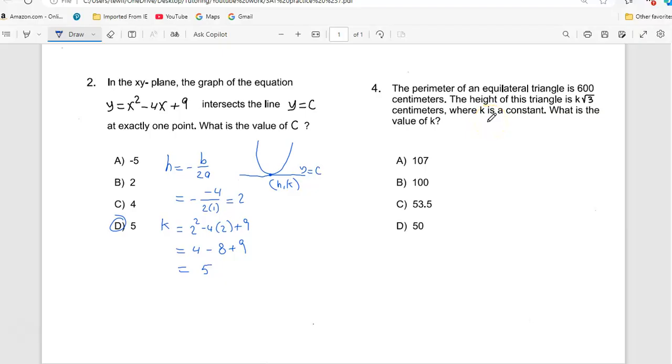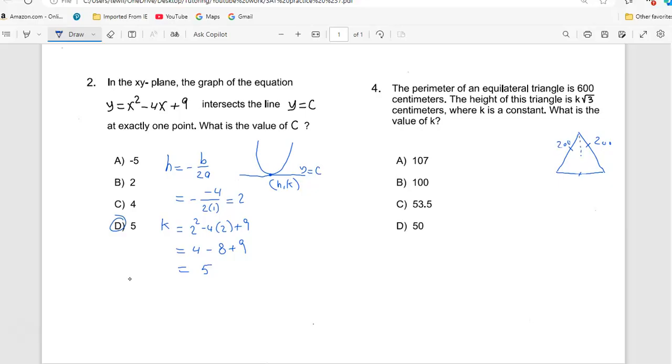What is the value of k? If we just visualize the problem, we have an equilateral triangle. That means all the sides are equal to each other, and the perimeter is 600. So 600 divided by 3 is 200. Each one of them is 200.